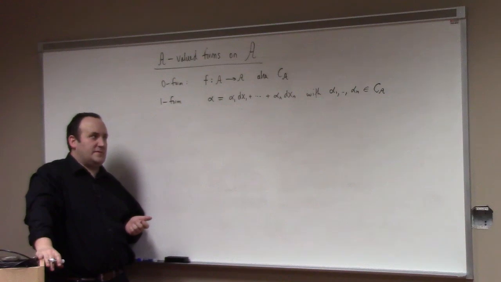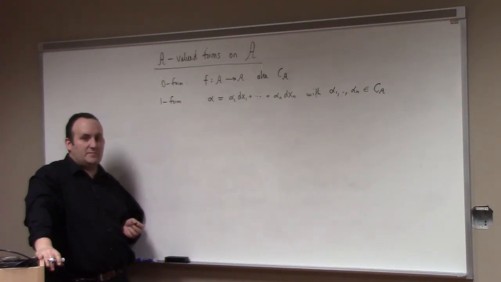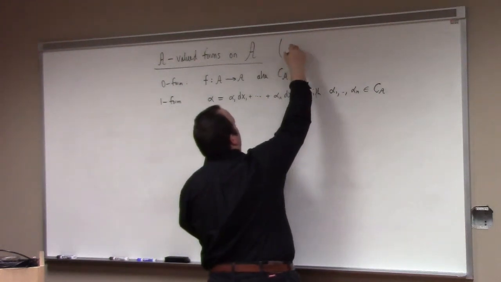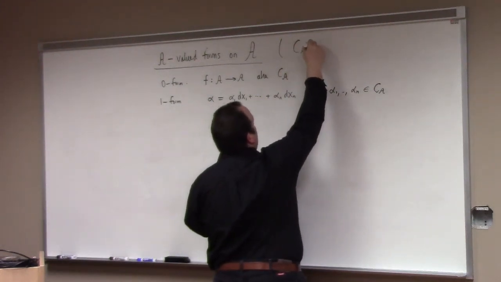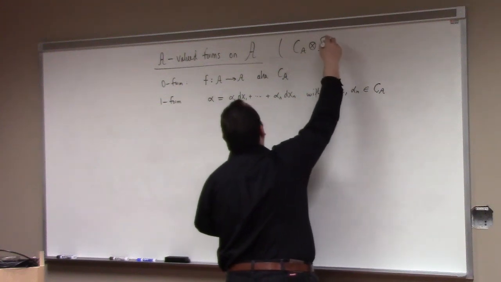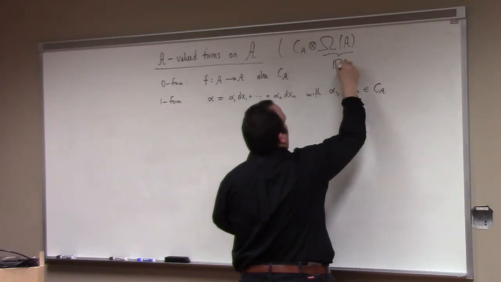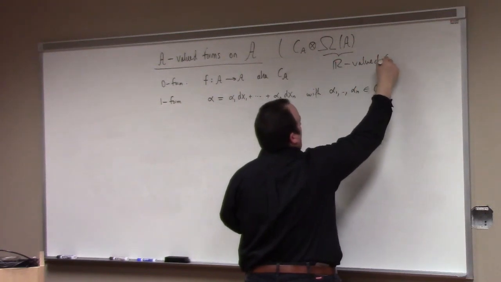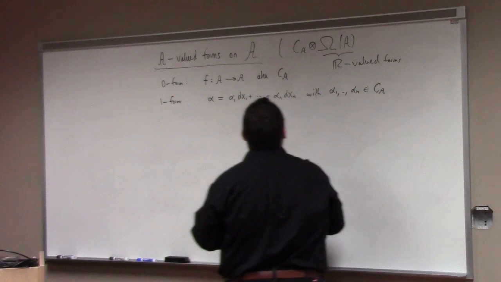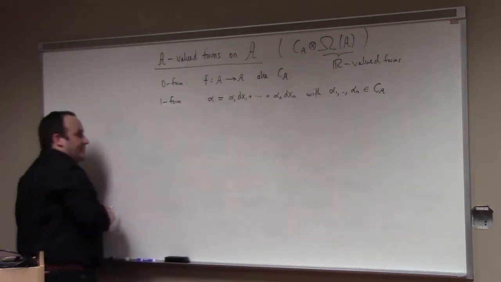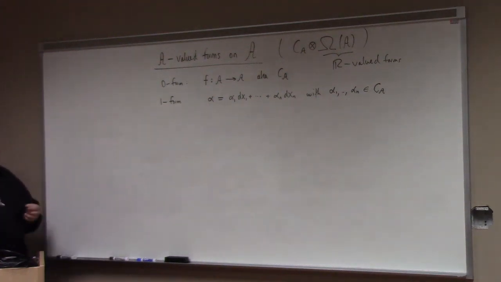I think this is probably the same as just taking the tensor product of the usual real-valued differential forms with C(A). What I'm describing is essentially C(A) tensor the usual forms over A. That's the starting point of my thinking anyway.